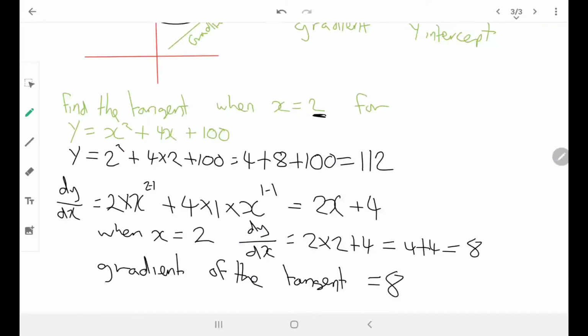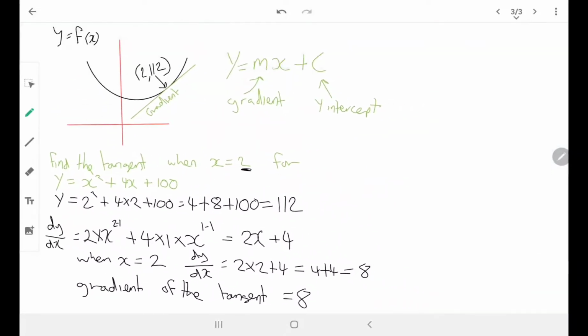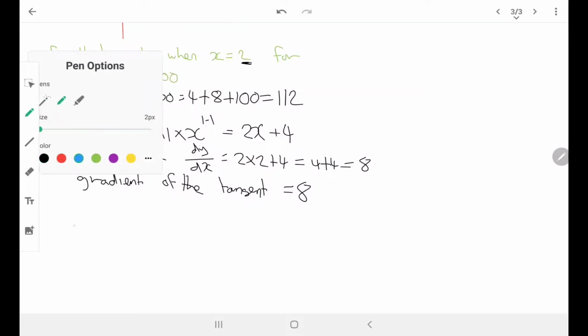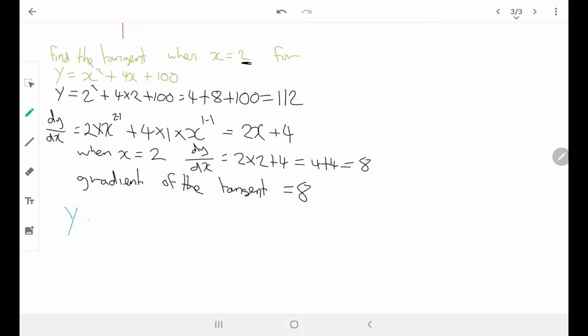So we now have our x and y's. We have our x is 2, our y is 112, and we now know the gradient. So I might as well change colour to a blue. If I have y equals 8x plus c, this 8 comes from the gradient, so I know the gradient of my tangent is 8, and now I'm going to just plug in the numbers.